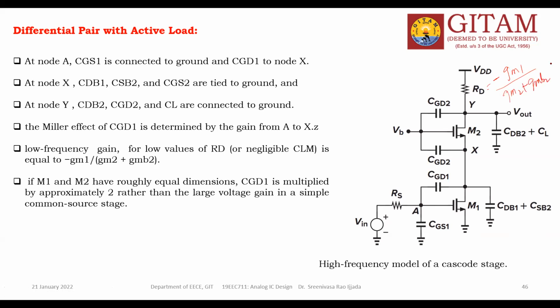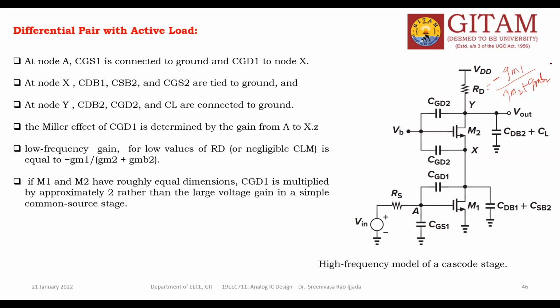This is the low frequency gain because of RD. So these are the different capacitors available in the cascode stage, for the high frequency analysis.